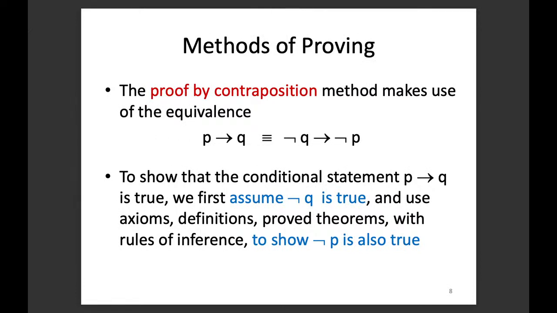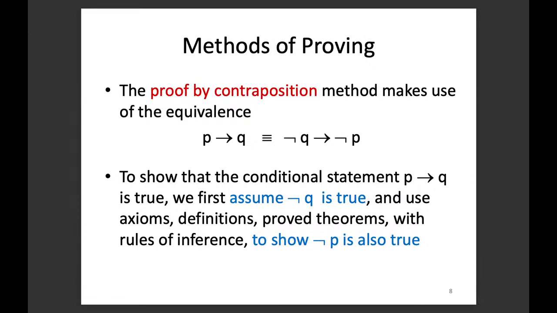Now another way of proving is called proof by contraposition. Here again we are looking at some theorem that we want to show, which is of the form P implies Q. But instead of proving P implies Q directly, we prove its contraposition instead.